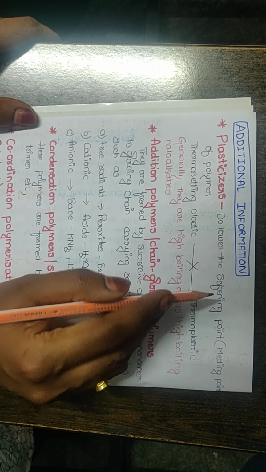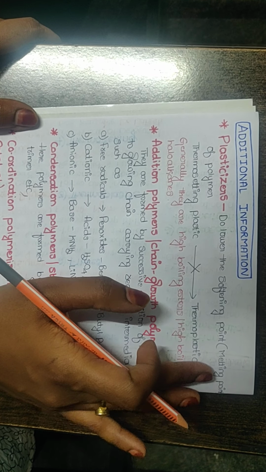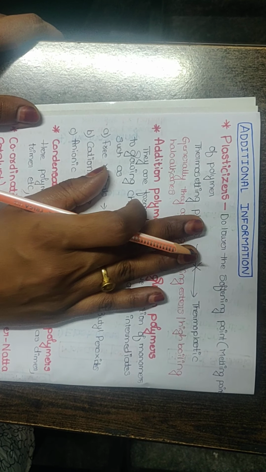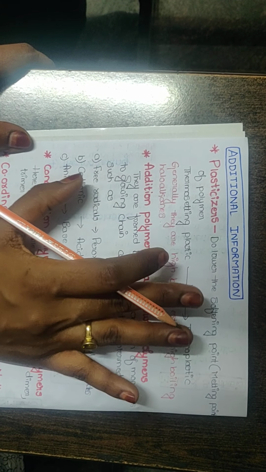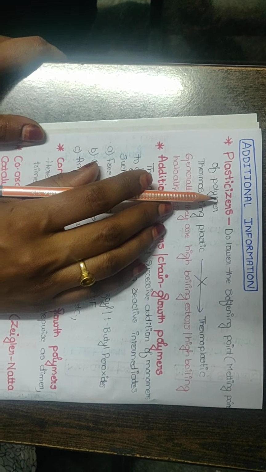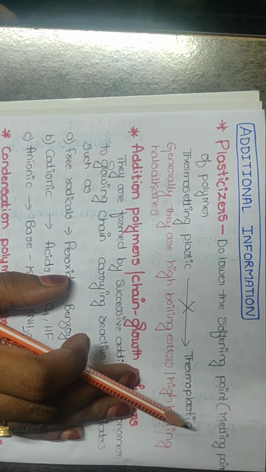What do you mean by softening point is something like we can also call it as which reduces the melting point of a polymer. So it does not mean that a plasticizer can be used for converting thermosetting plastic into a thermoplastic. So this is not true. We cannot use plasticizers for converting thermosetting plastic into a thermoplastic.